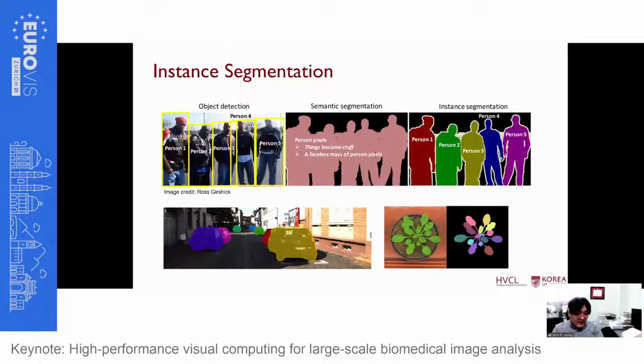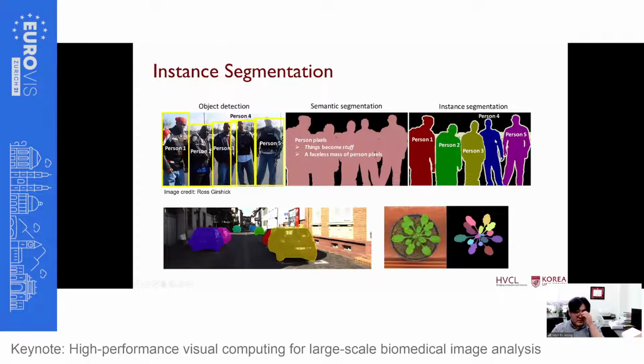And this is the last topic: instance segmentation. I grabbed this image from somebody else's presentation. Object detection is detecting each object using a bounding box. Semantic segmentation is separating, for example, persons from the background. Instance segmentation is labeling each different object: one person, a second person, a third person, like this.